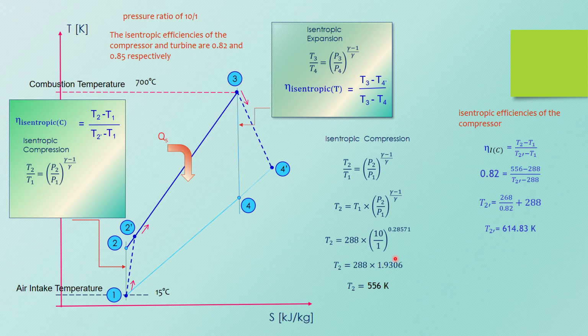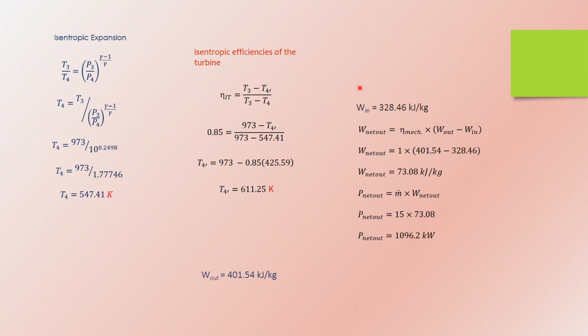So that is your T2, and from this part, you can find out your T2 prime. And based on the turbine side, remember this gamma g here should be 1.333. So you got this. Then you got your T4. Once you got your T4, put it into the isentropic efficiency for the turbine and find out your T4 prime.